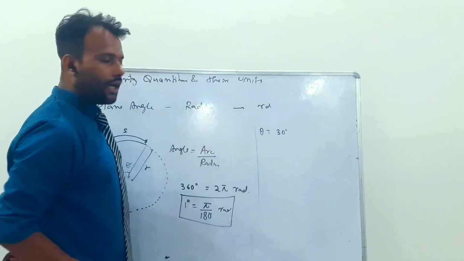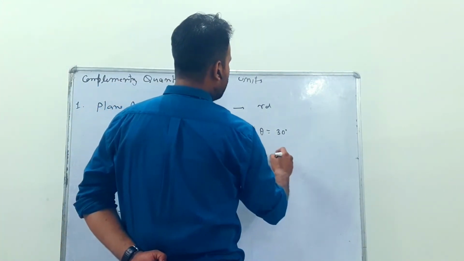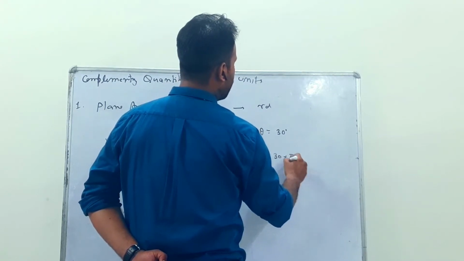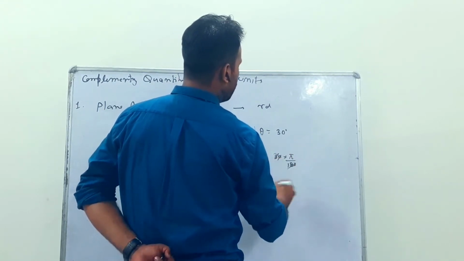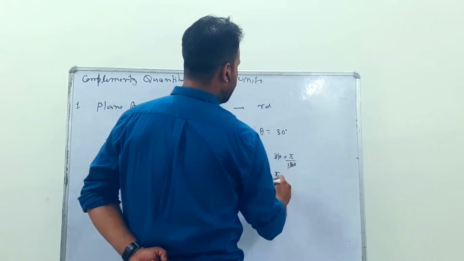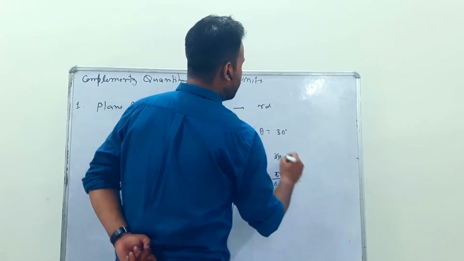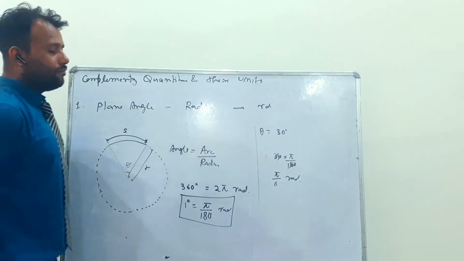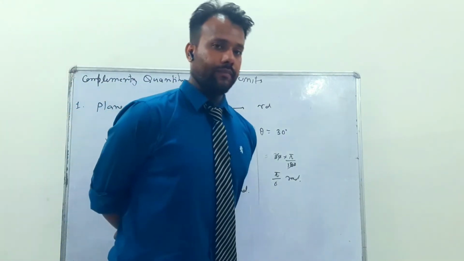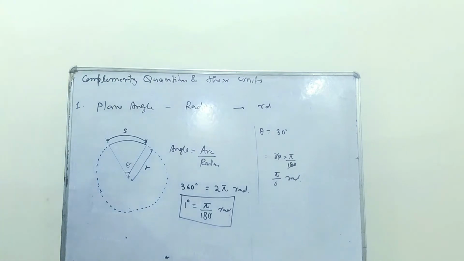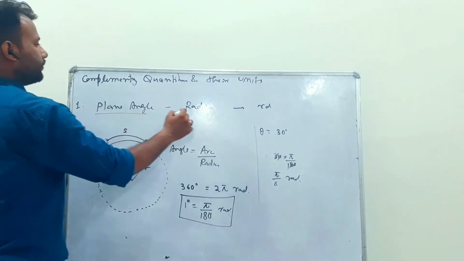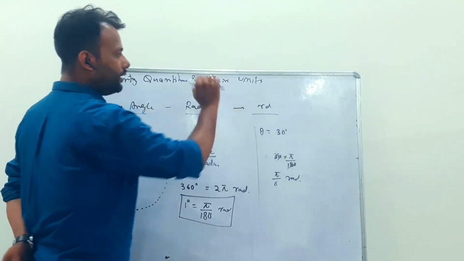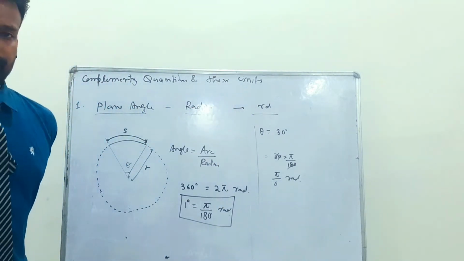Just multiply by pi upon 180. So it will give you 30 into pi upon 180. So it will give you how much? Pi by 6 radian. So 30 degree can be written as pi by 6 radian. Alright? So that's your plane angle. Unit was radian and the symbol was RD.